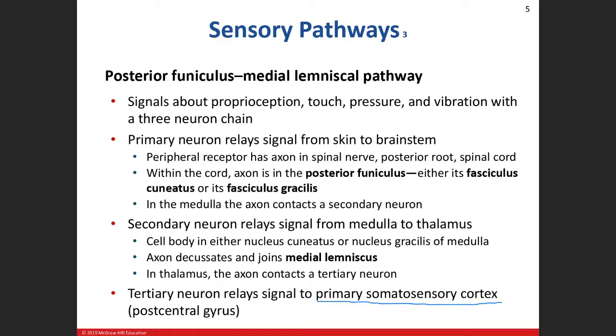If it's a vibration, a light touch, deep touch, regardless, when it gets to the thalamus and transmits up to the primary somatosensory cortex, that's when you actually have the conscious perception that something touched your finger. So all that has to happen for you to have the realization that something's touching your finger.